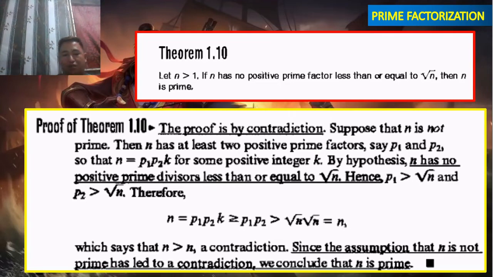So, at least two. So, n is equal to p1 times p2 times k, where p1 and p2 are prime, for some positive integer k.